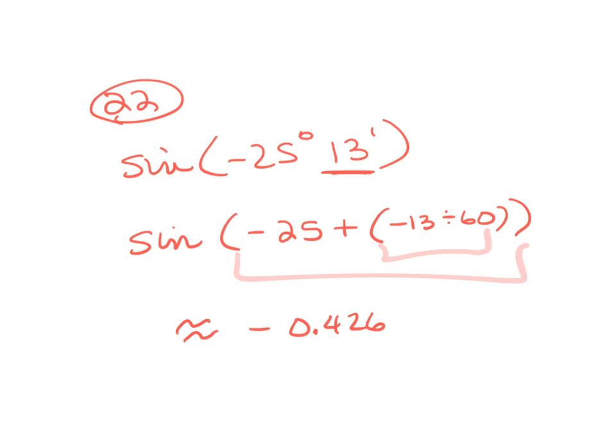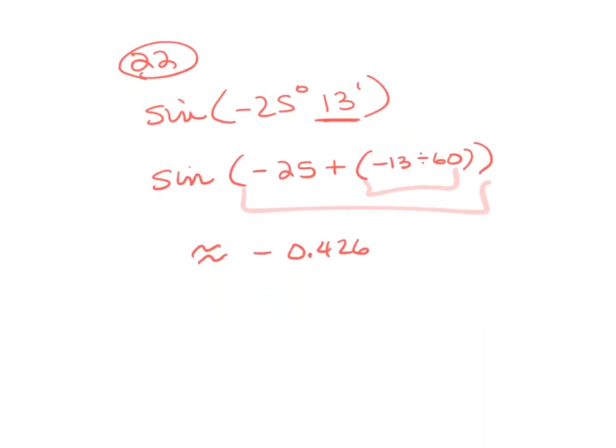Good? Now, recall when you're doing the calculator part of the test, the only buttons on your calculator are sine, cosine, and tangent. So if I want cosecant or secant or cotangent, then that's when I'm going to have to divide it by 1.